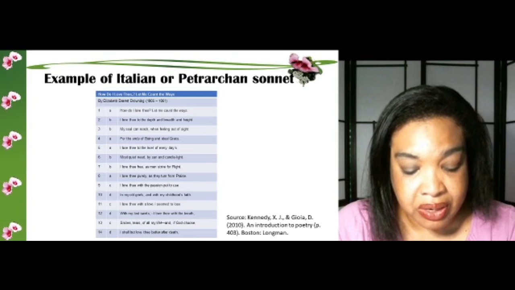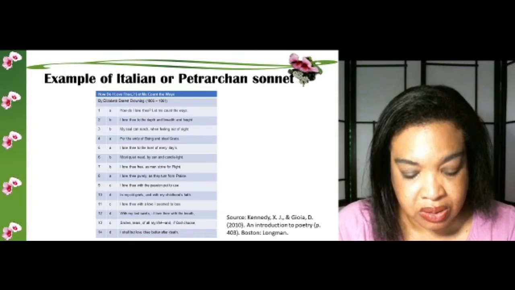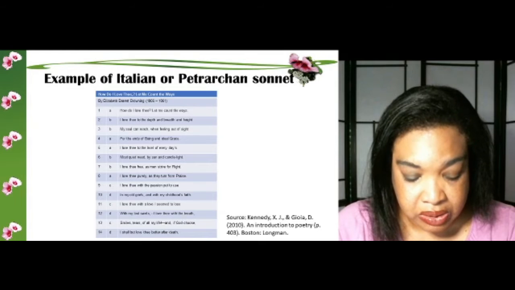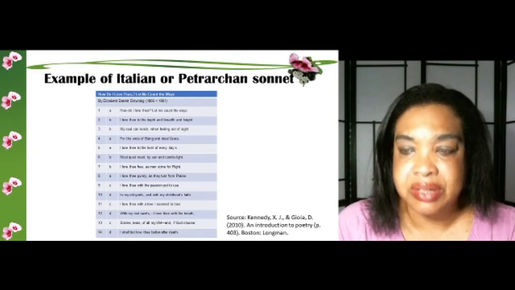I love thee purely as they turn from praise. I love thee with the passion put to use in my old griefs and with my childhood's faith. I love thee with a love I seemed to lose with my lost saints. I love thee with the breath, smiles, tears of all my life. And if God choose, I shall but love thee better after death.